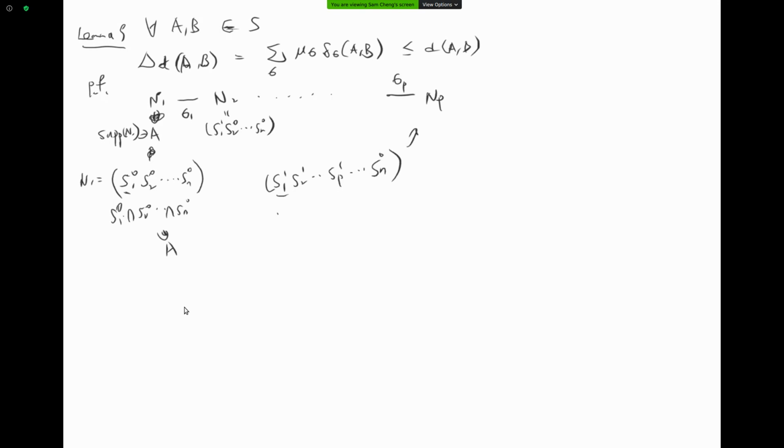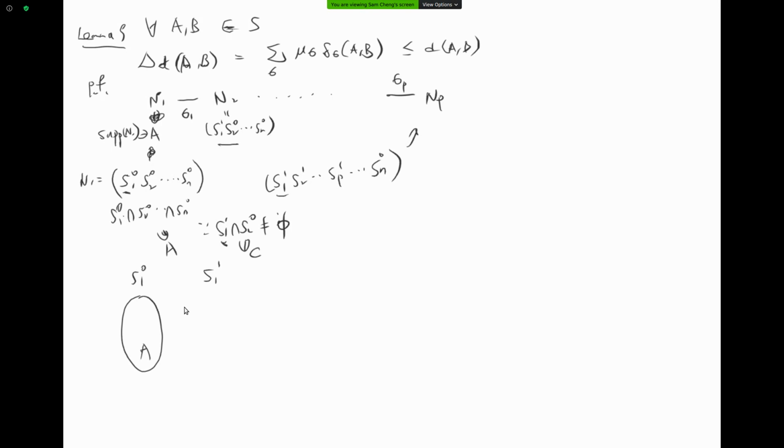If I have something like that, first of all, because all these nodes are valid nodes, their pairwise intersection has to be non-empty. So S10 of course contains A. Now for S11, S11 and S20 should have a non-empty intersection, and we assume it contains an element C1.